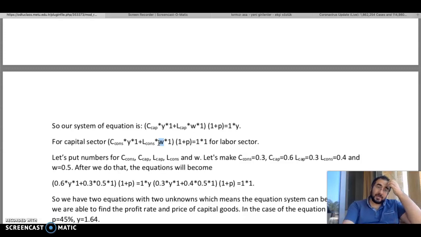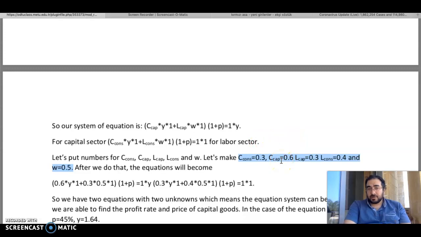So this is our starting point. In this system, the two variables that are changing, at least in Okishio's framework, are the profit rate and the price of the capital goods. All other quantities, the v, L cap, C cap, C cons, L cons, are fixed. And let's say we give them values like this.